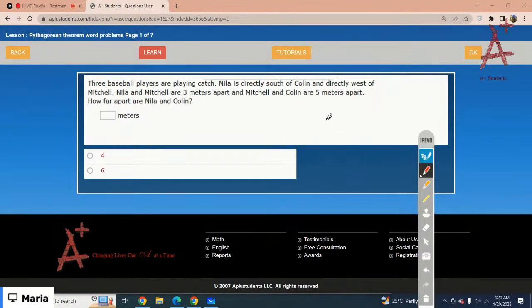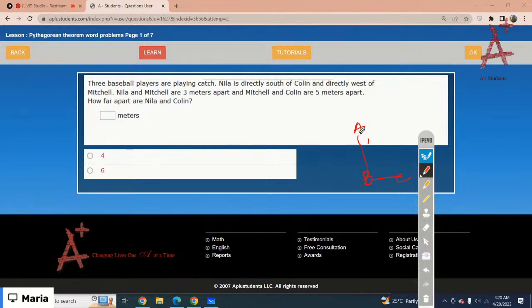So you have three players. Let's suppose they are A, B, and C. Neela is directly south of Colin, and directly west of Mitchell.